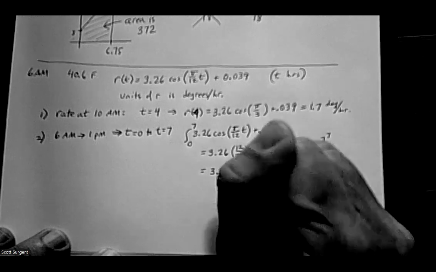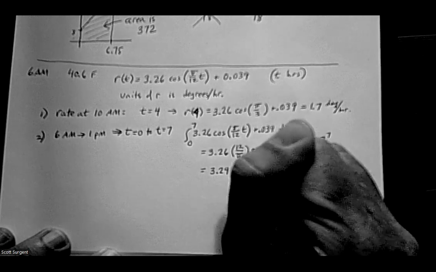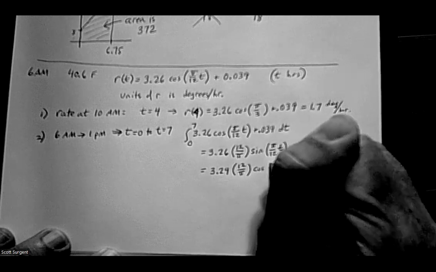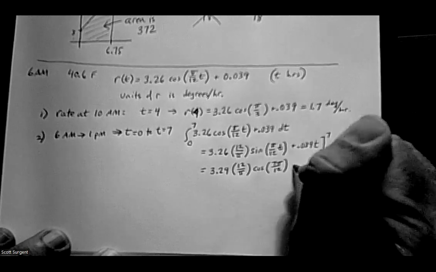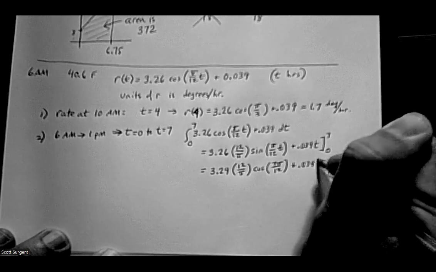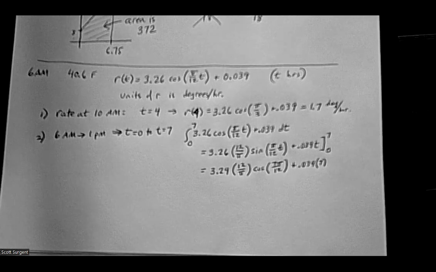And this is a mess, I agree. That's why I was suggesting your calculator can punch this out too. If you plug in 7, you get 7 pi over 12 plus 0.039 times 7. So I'm going to just do that real quick. So 3.26 times 12 over pi times sine of 7 pi over 12 plus 0.039 times 7.